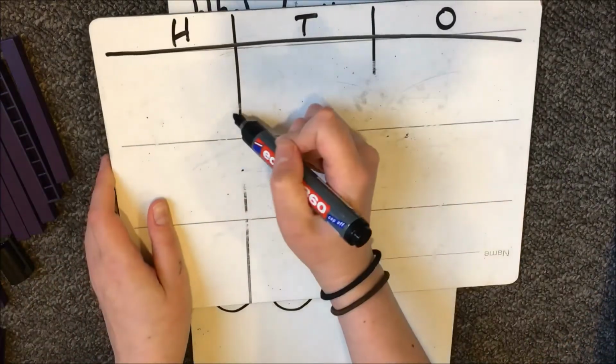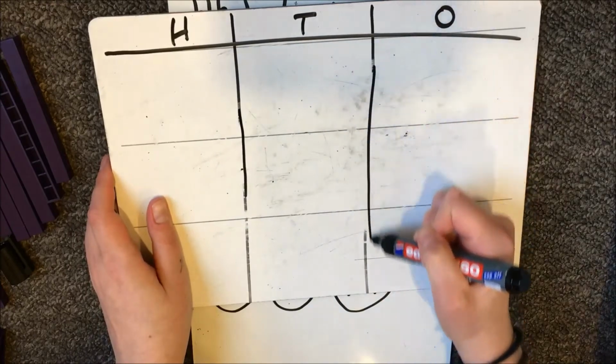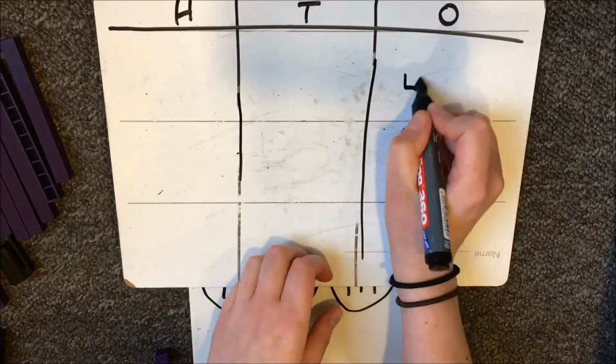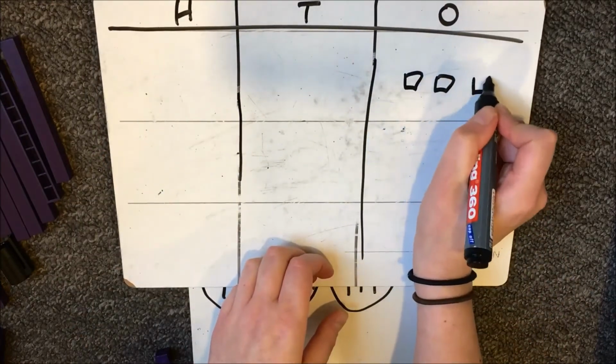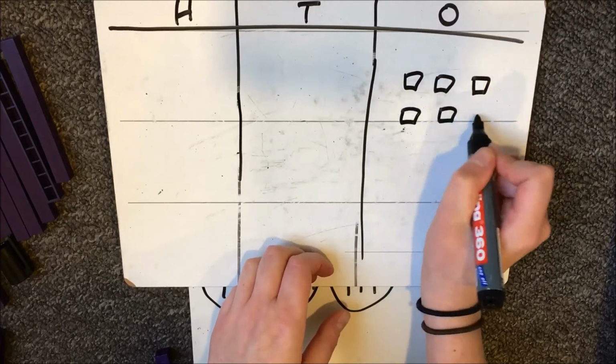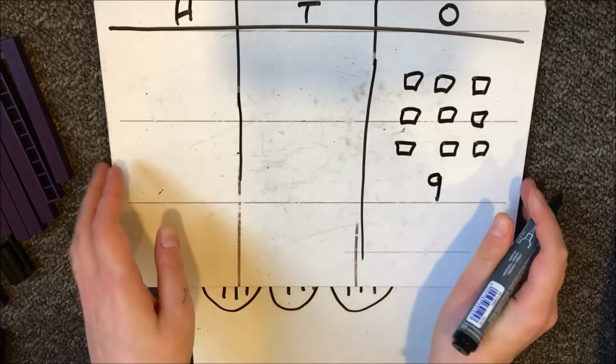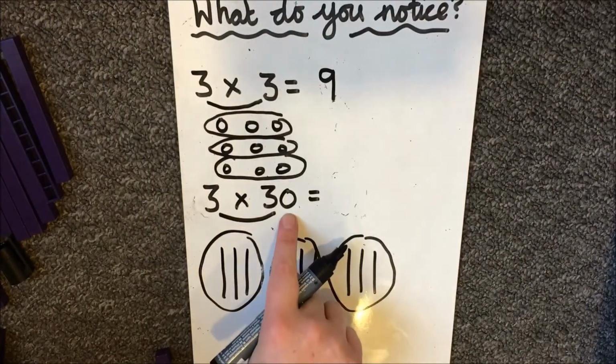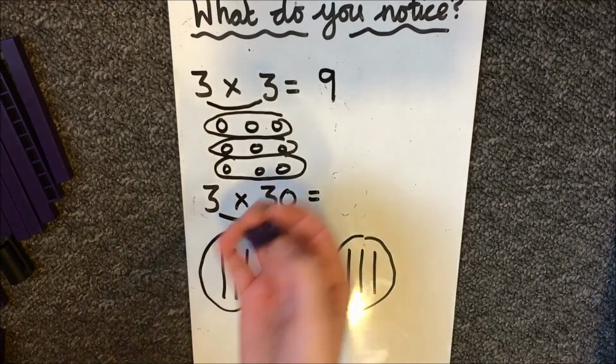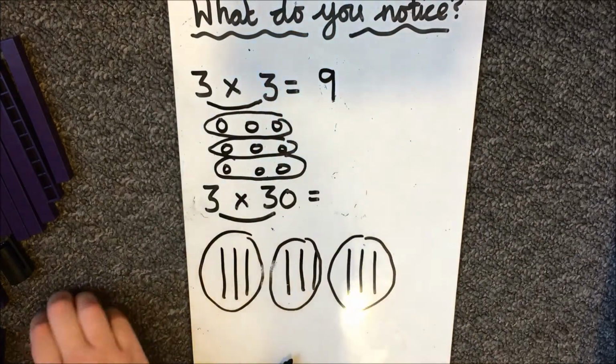So I know 3 times 3 is 9. Ready? 1, 2, 3, 4, 5, 6, 7, 8, 9, doing it as a drawing this time. But I need to make it 10 times bigger because they aren't 3 ones that I'm timesing by.